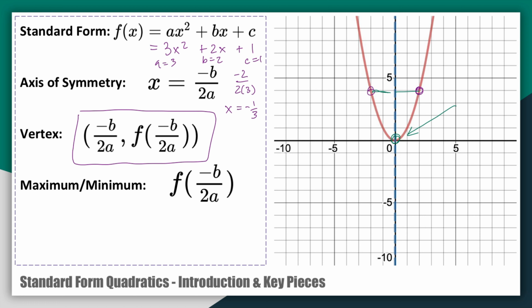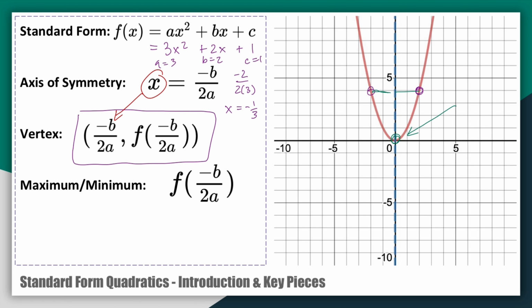Now you're seeing negative b over 2a, and then you're seeing f of negative b over 2a. So let's break that down. Because the axis of symmetry cuts right through the vertex, they have to share the same x value. So all we're saying is if you have this x value for the axis of symmetry, which you got from doing negative b over 2a, that is the same value there, okay?